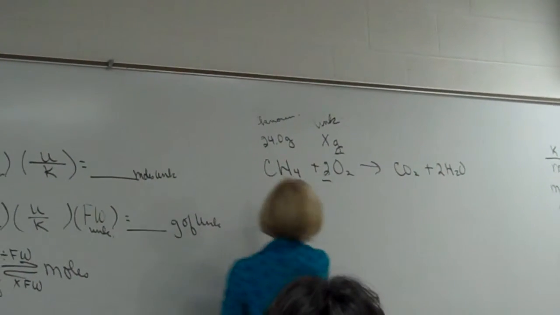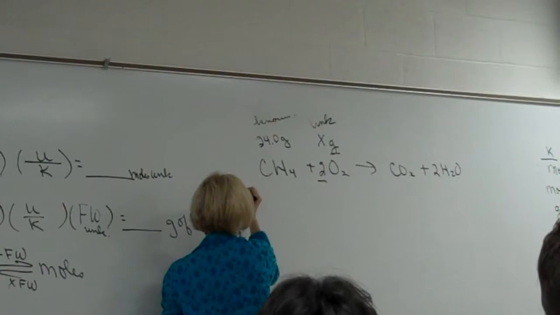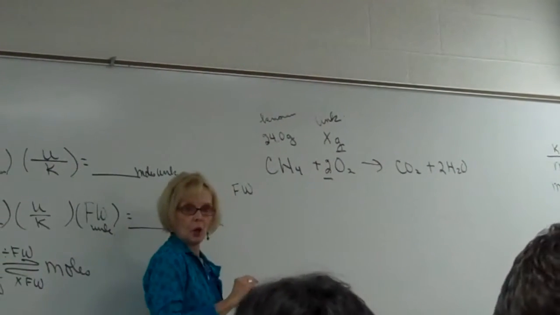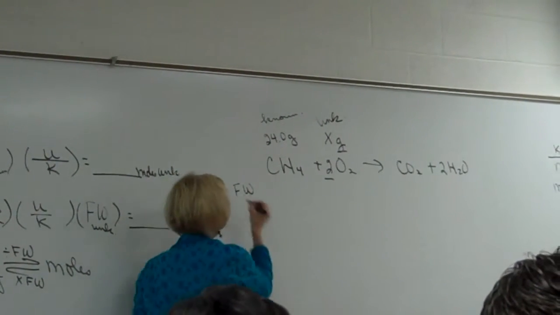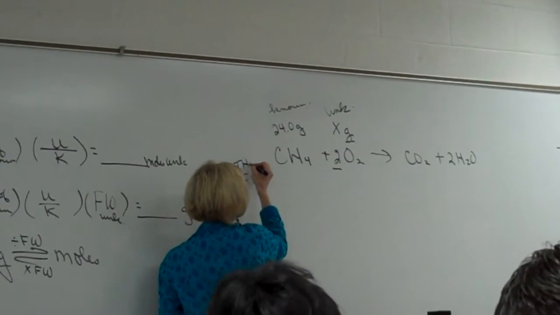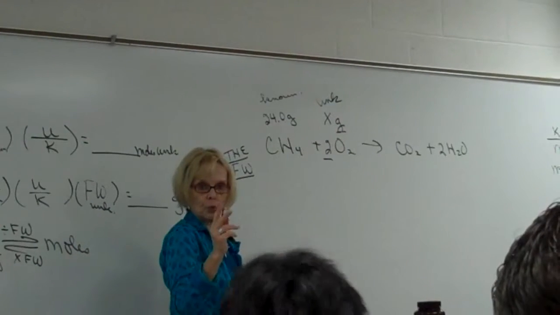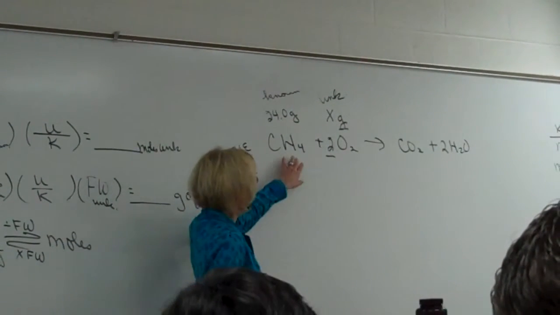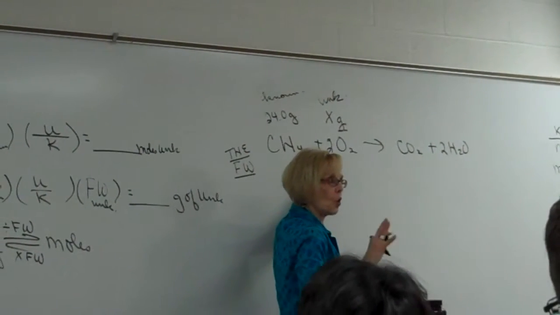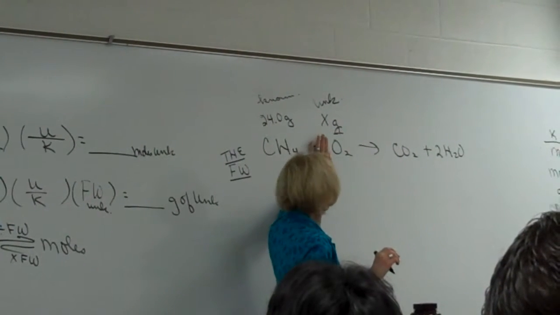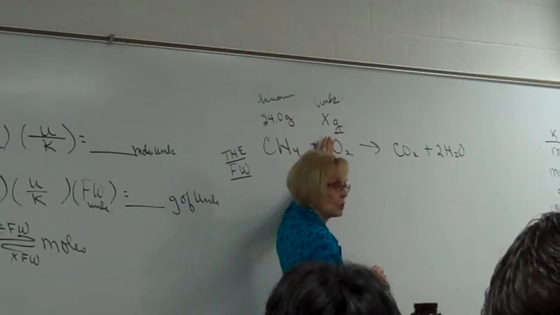So for our formula weights, I put them down below the two things that I'm concerned with. And I want to emphasize the formula weight. I don't care if there's a 2 here or a 20. I want the formula weight of the O2.